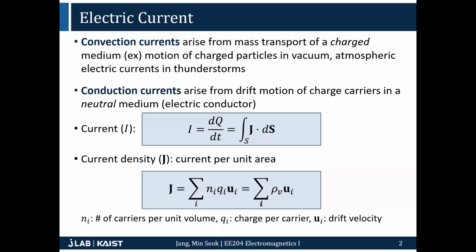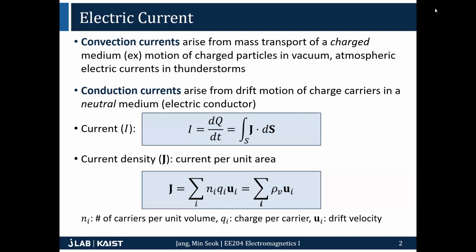Only electrons move, and the positively charged atomic nuclei stay at the same position. So the net charge is anyway zero, right? Everywhere, but current flows. So that's a conduction current, like what's happening in a conducting medium.